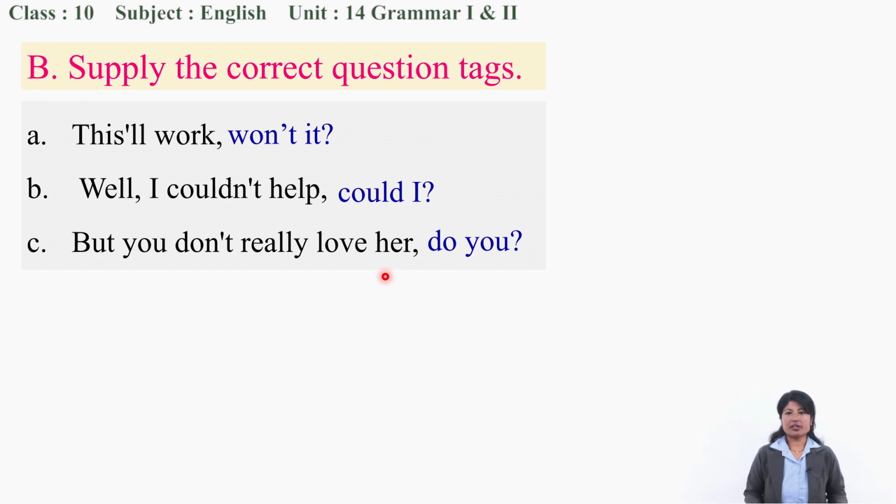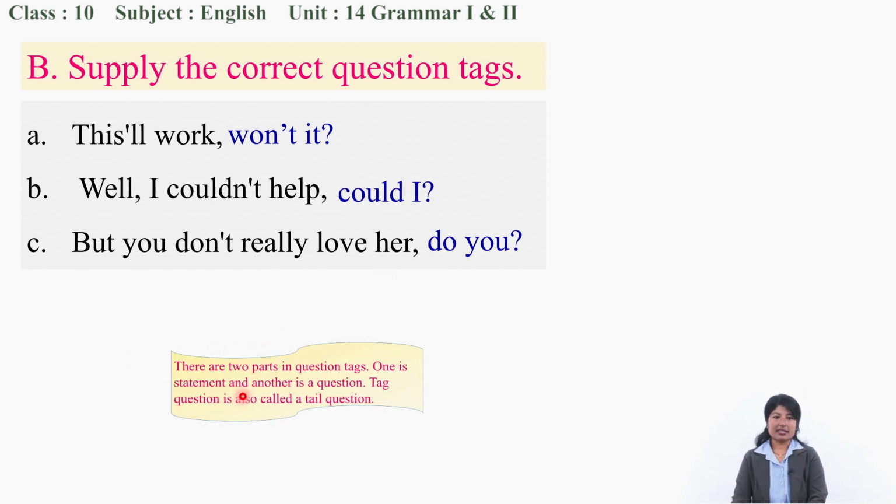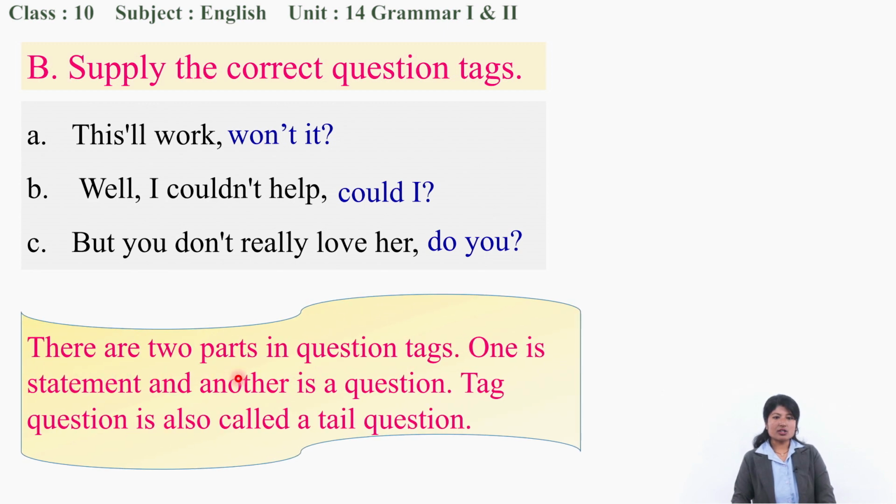Okay, overall, after every slide we will talk about something more about it, and that is, there are two parts in question tags. One is statement and another is a question. So we have two parts, statement and question. Tag question is also called tail questions, that we have already discussed, right? So two parts, and it is called tail question.